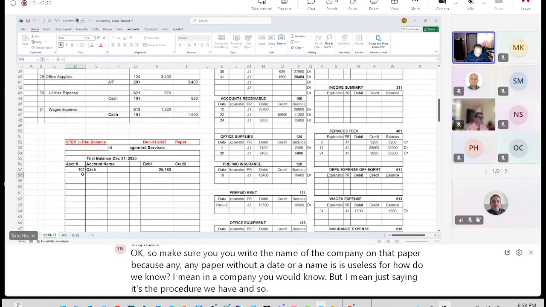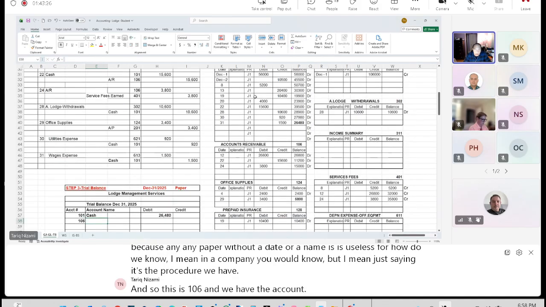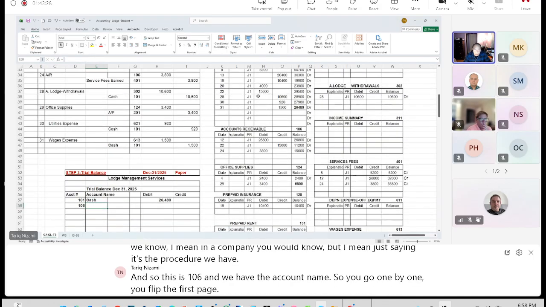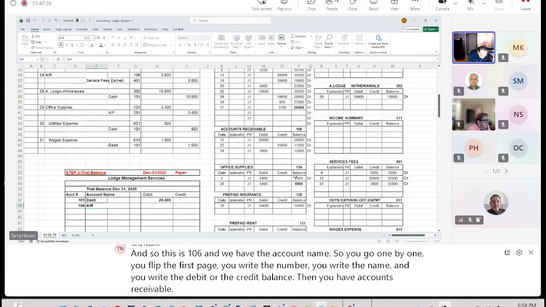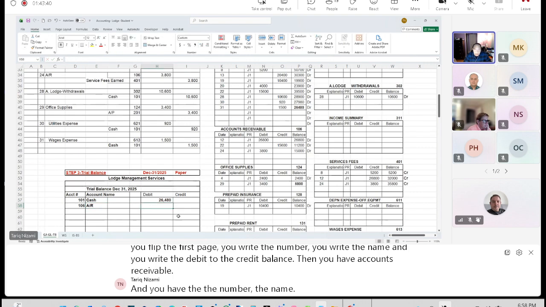And so this is 106, and we have the account name. So you go one by one, you flip the first page, you write the number, you write the name, and you write the debit or credit balance. Then you have accounts receivable. And you have the number, the name, and the amount is 15,000 debit.